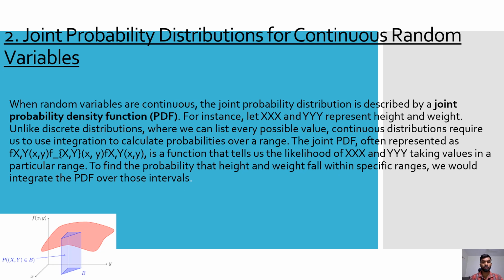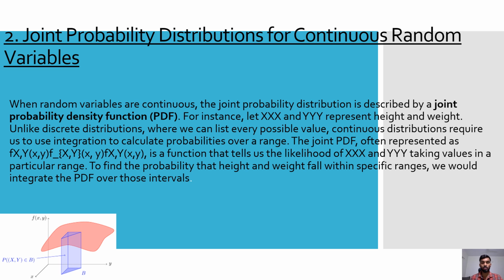Joint probability distribution for continuous random variables. When random variables are continuous, the joint probability distribution is described by a joint probability density function. For instance, let x and y represent height and weight. Unlike discrete distributions, where we can list every possible value, continuous distributions require us to use integration to calculate probabilities over a range.